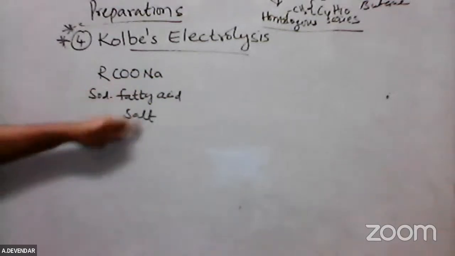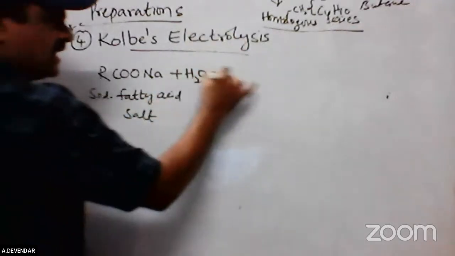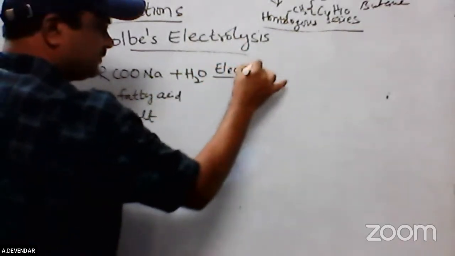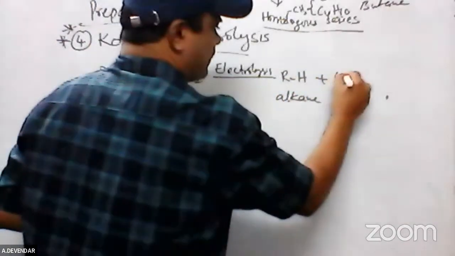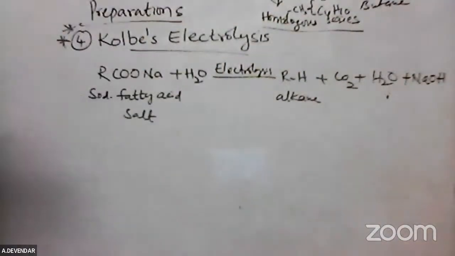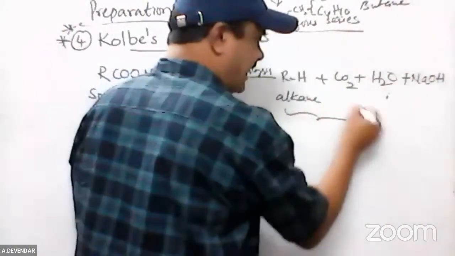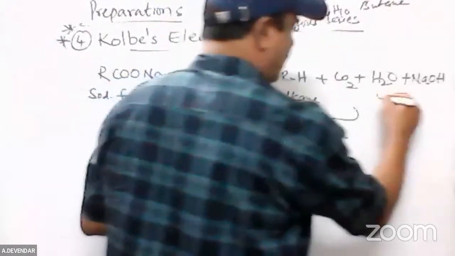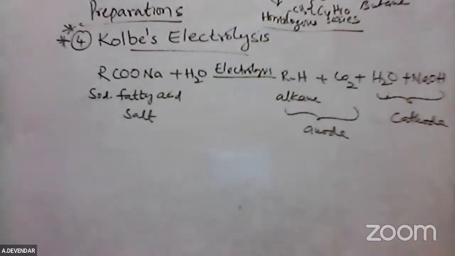Because we require an aqueous solution for electrolysis, it dissociates into ions, forming alkane, carbon dioxide, water, and sodium hydroxide. See here: alkane and carbon dioxide are formed at the anode, and water and sodium hydroxide at the cathode, during Kolbe electrolysis.